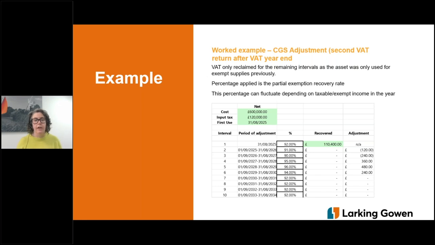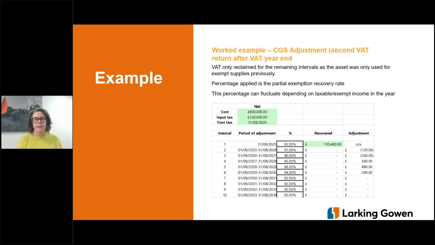And in this scenario, we've calculated that recovery rate at 92%. So we incur the £120,000 of VAT in our year ended 31 August 2025. We can recover 92% of that. So we're going to claim £110,000 back from HMRC.